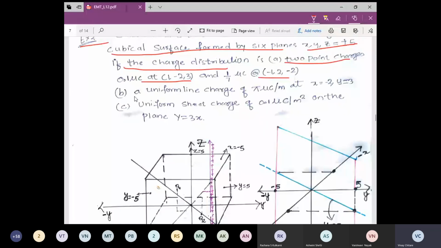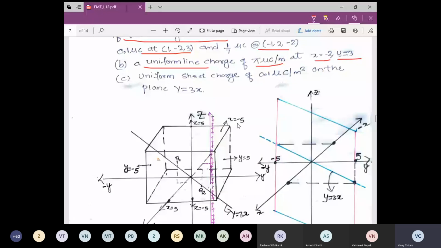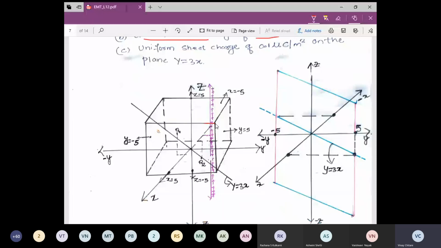The second part was a uniform line charge of pi microcoulomb per meter, located at x equal to -2, y equal to 3. The first thing we found is that this line charge is trapped inside the closed surface. The next question was how much length of this line charge is inside the closed surface.